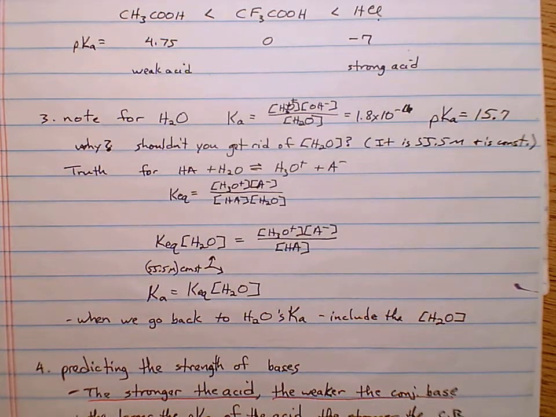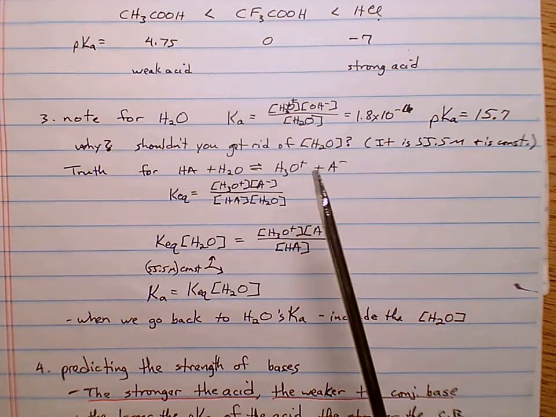The reason being, in a lot of our organic reactions, we're going to generate water, or water is going to be part of the reaction, but water is not the solvent. Our stuff doesn't dissolve in water. So if water is not the solvent, then we need to include it in our Ka equation.